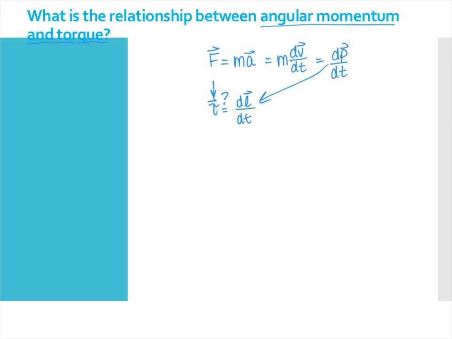So again, if we start off here, I'm just going to write force equals m dv/dt. And in order to make it into a torque, I'm going to cross this whole equation with r. So on the left-hand side, I get r cross F, and on the right-hand side, I get r cross m dv/dt.